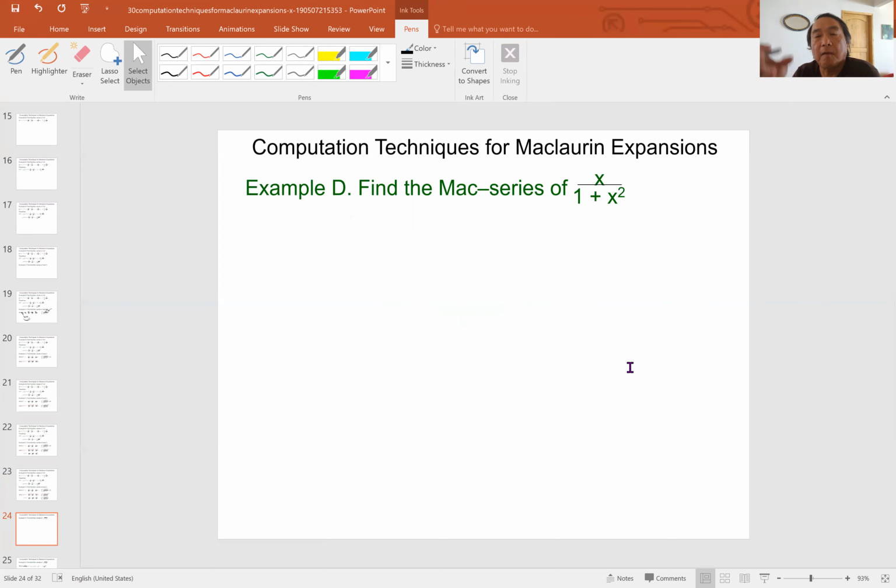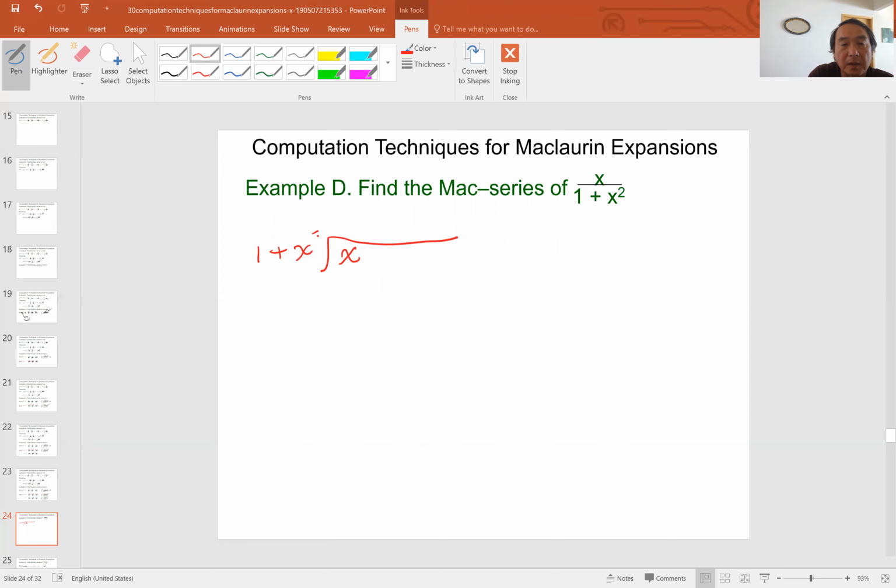For fractional formulas, it's actually kind of interesting. So here is a Maclaurin series expansion. There are various ways of expanding these. One of the more basic ways is just to do long division. If you remember how we carry out long division, we line things up. In this case, we line up from small to large degree. So inside is x, outside is 1 plus x squared, with the small terms out here. Then I can find the quotient. 1 times 1 gives x, so x times 1 is x.